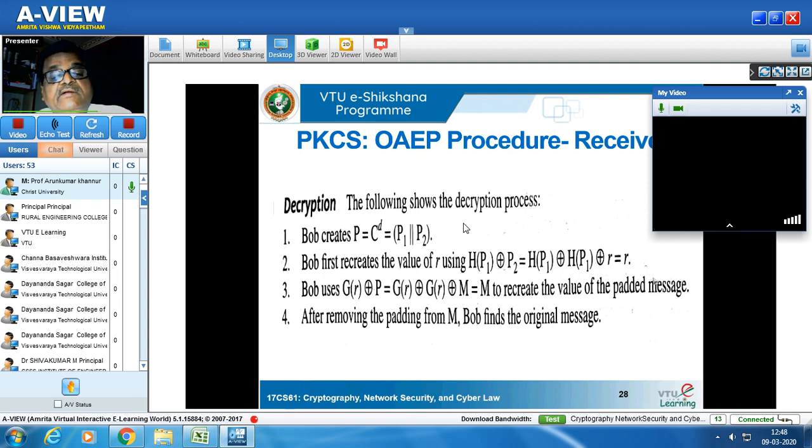This PK standard and also PKCS, these procedures, by making use of OAEP, are very popular. They are being standardized. So in public key cryptography, many new types of algorithms and differing implementations have originated, but they have roots in the format of the public key cryptography standard, and also in the OAEP procedure.